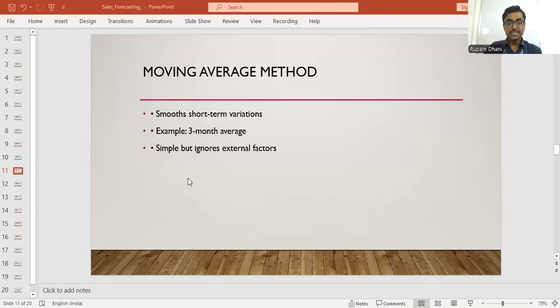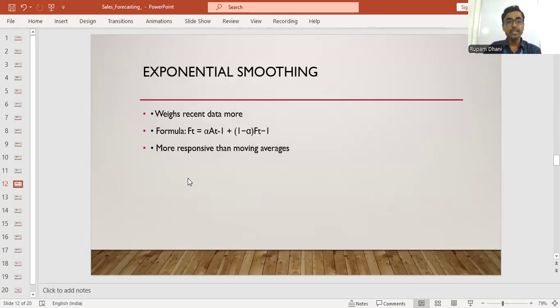Okay. The next method is exponential smoothing. Exponential smoothing is another very popular time series method. It's a little bit technical, and it's more responsive than the simple moving average because it weights recent data more heavily, because a lot of external factors influence the sales also. A lot of geopolitical factors also influence the sales.